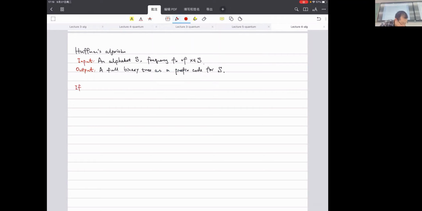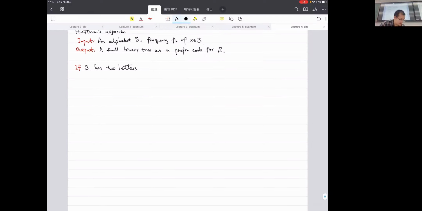So if S has 2 letters, this is very simple. We just encode one letter as 0 and the other as 1. And it is important that we deal with the else case.